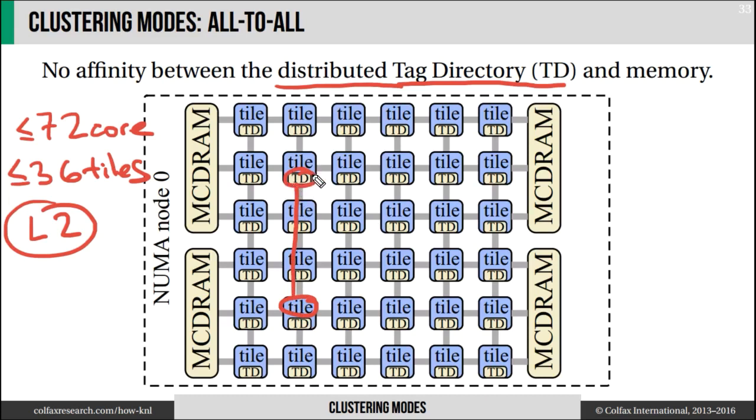The tag directory might say, well, core such and such has it in the level 2 cache, and forward the request, and the requested data will be sent to the requesting core. Or the tag directory may say, this data is not cached, so it has to forward the request to memory, and then memory will return the data to the requesting core.